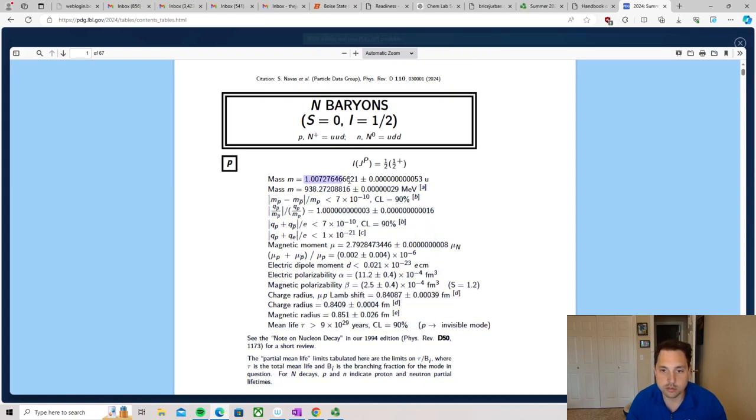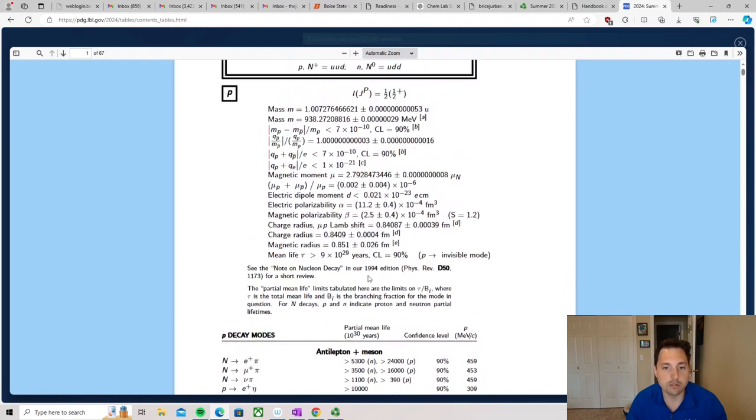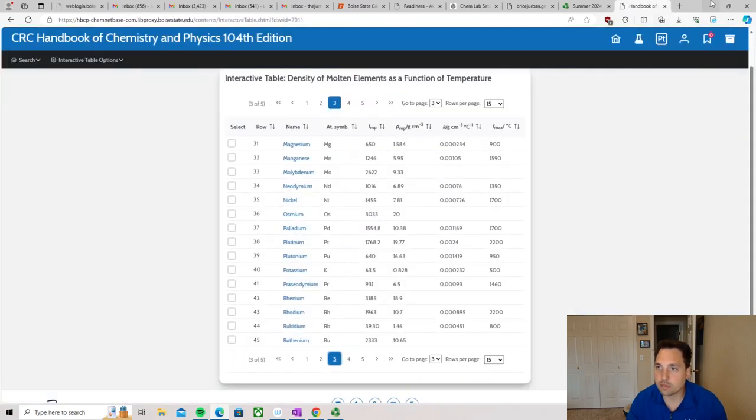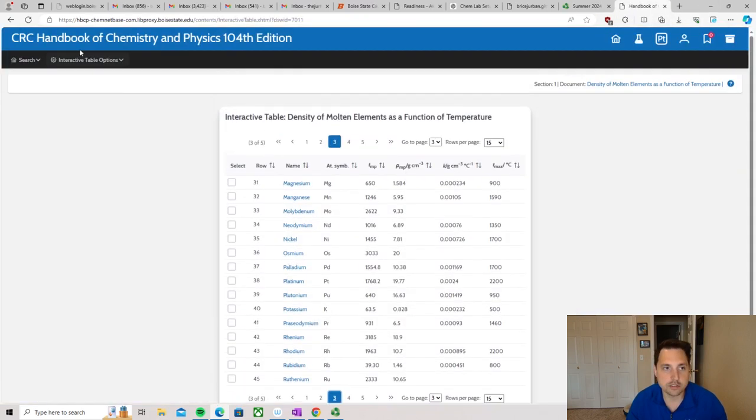So the mass of the proton in terms of atomic units, in terms of mass energy value. There's a lot of really interesting things we can find from here, but this is outside the scope of our class. This would be if you were in a physics class. We'd probably stick to this book for now.